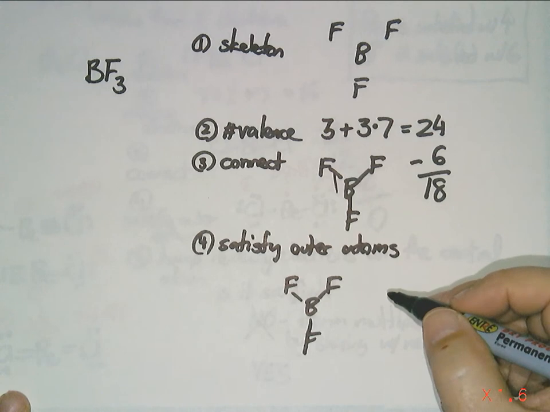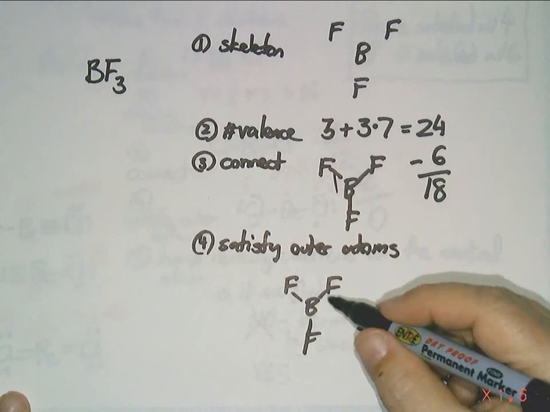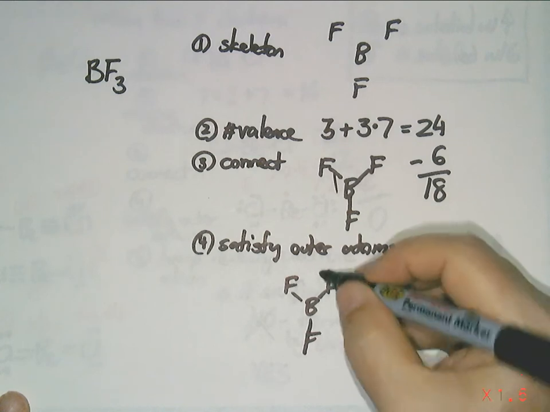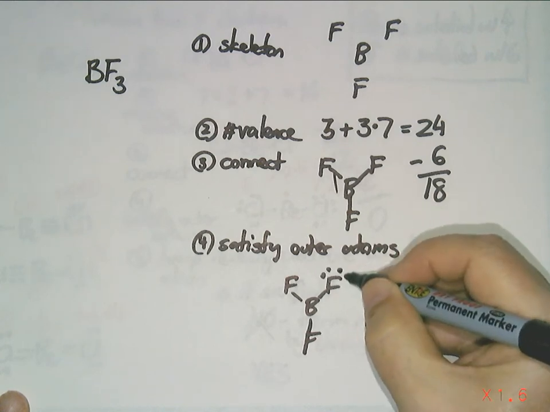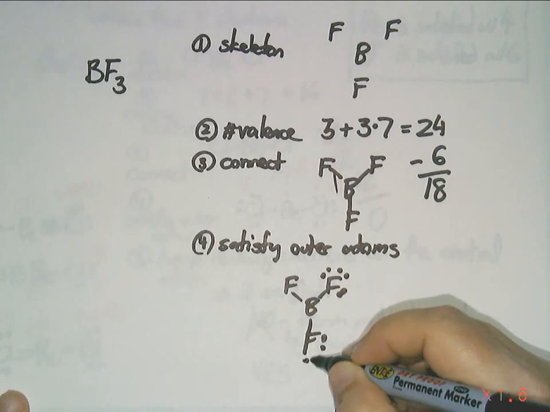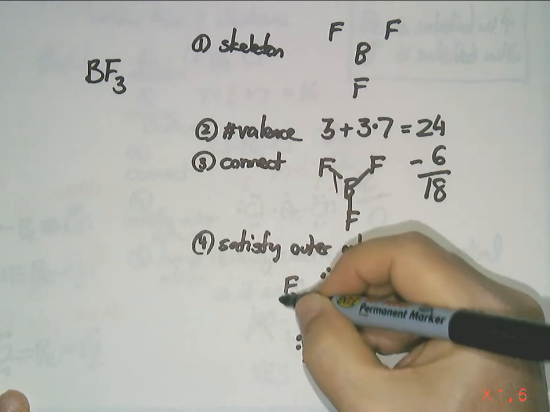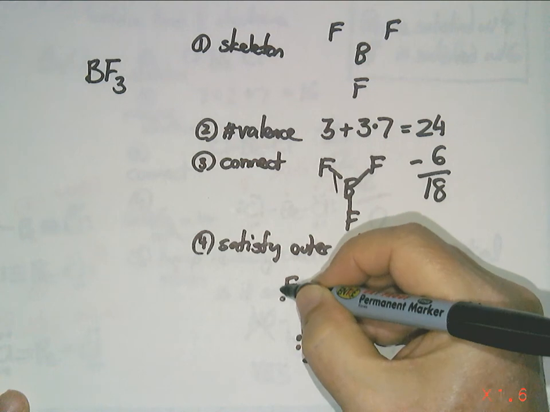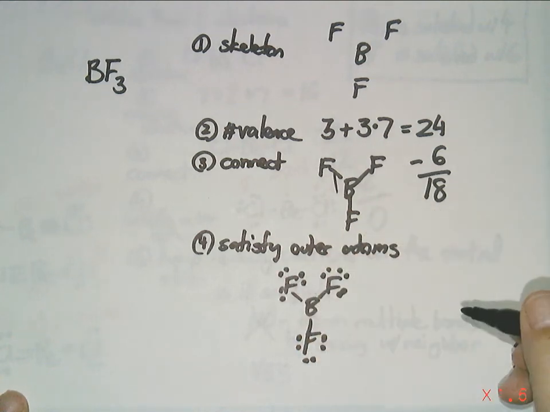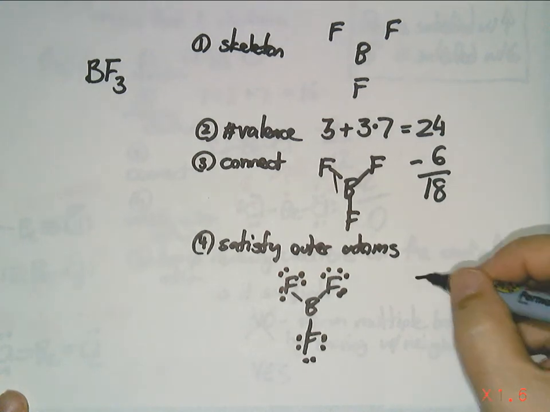Okay, each one wants 8. It's got 2 already from that stick going into it. So it needs 6 more. 1, 2, 3, 4, 5, 6, 7, 8, 9, 10, 11, 12, 13, 14, 15, 16, 17, 18. I took away 18, and that's what I had.